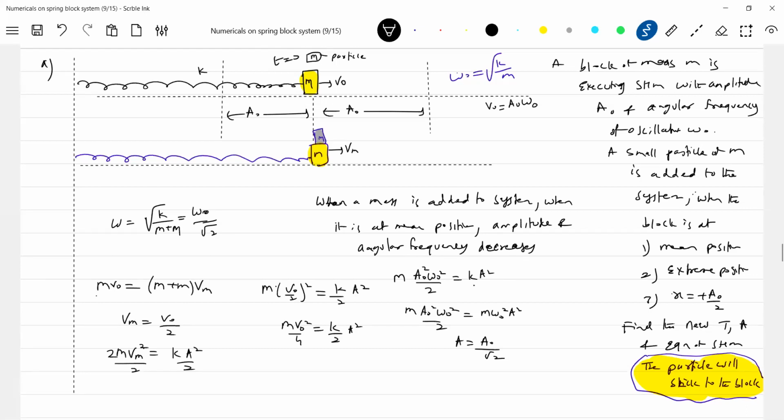This is the conclusion. If I add the mass at extreme, that possibility is there, no?